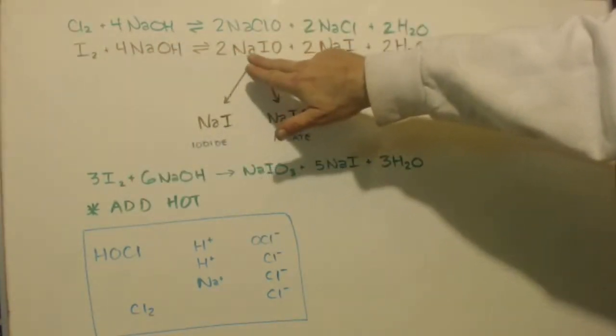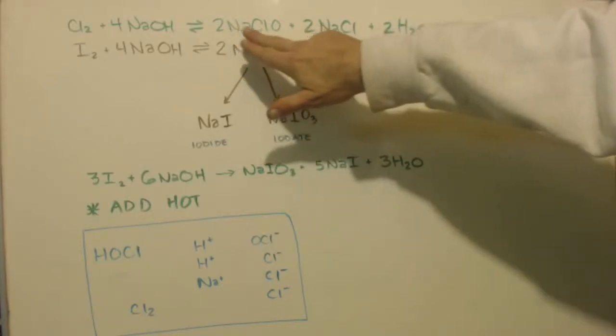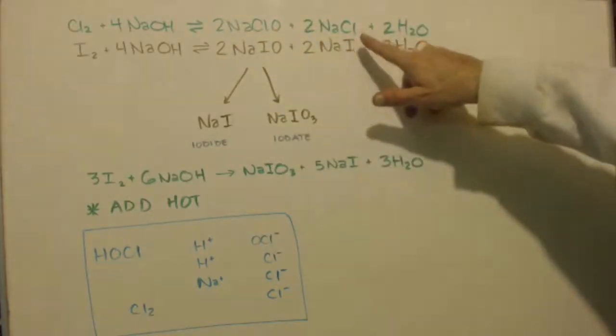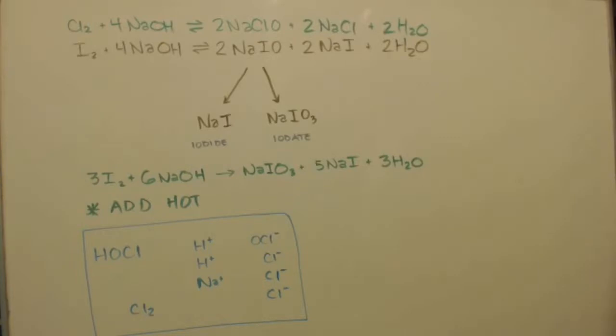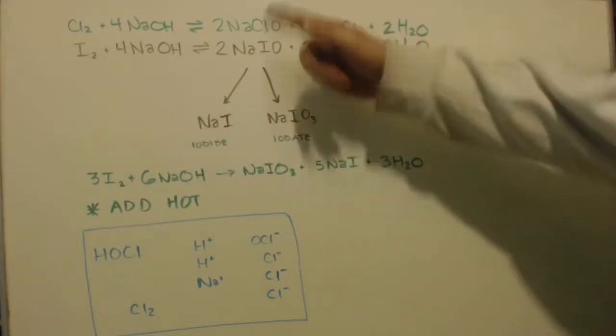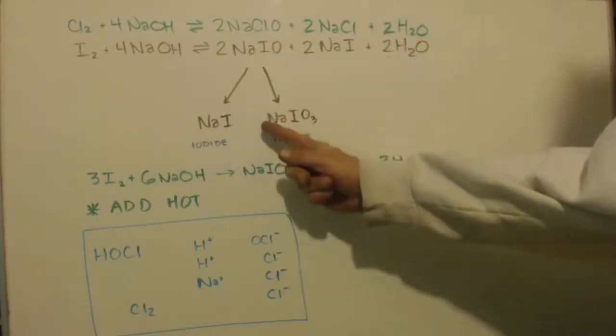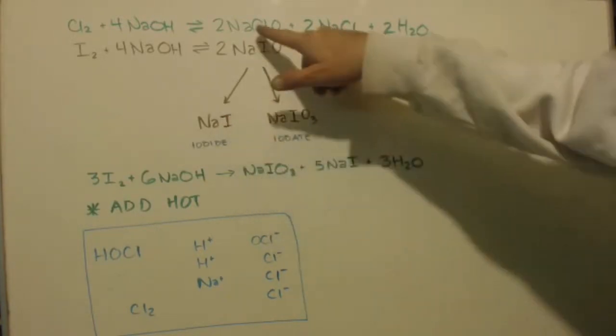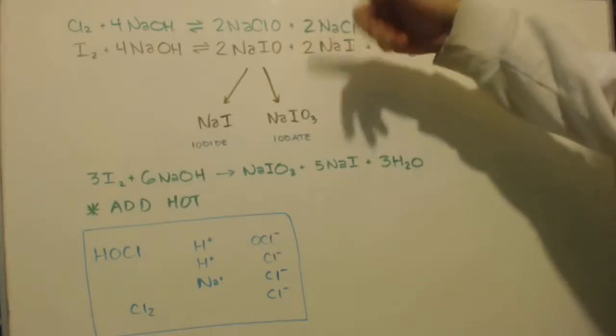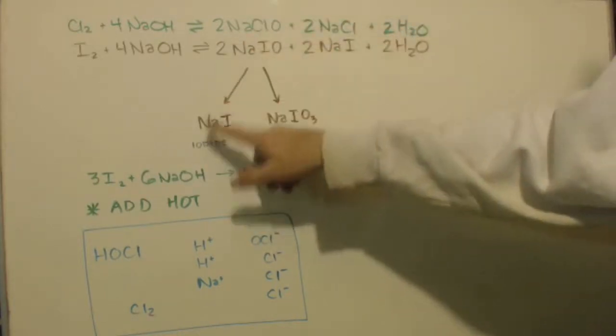Sodium hypoiodite instead of sodium hypochlorite, and sodium iodide instead of sodium chloride. Thing is, iodine's a bigger atom than chlorine, so you don't have to boil it for it to disproportionate. Remember how I said you take the bleach, you boil it, and it disproportionates.